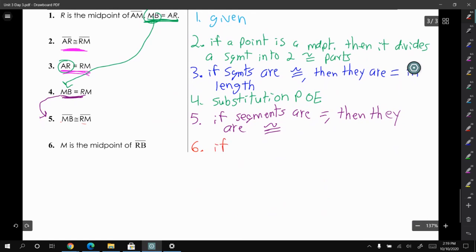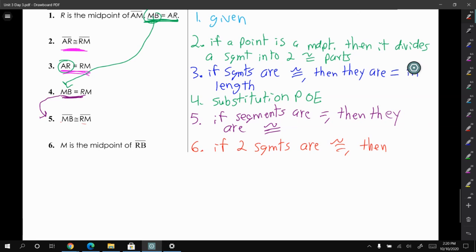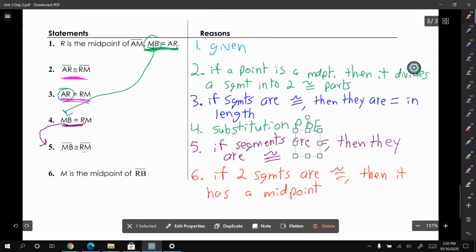So if two segments are congruent, then it has a midpoint. Okay, so that is how we could say that statement number 6 is true.